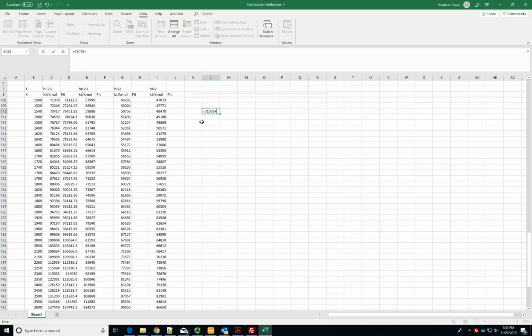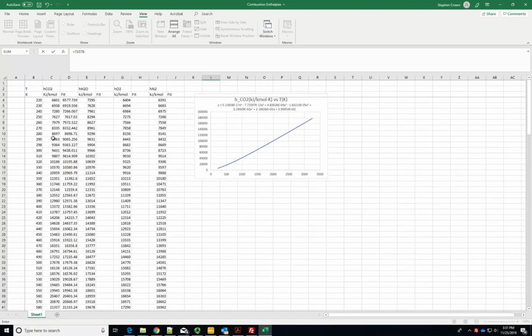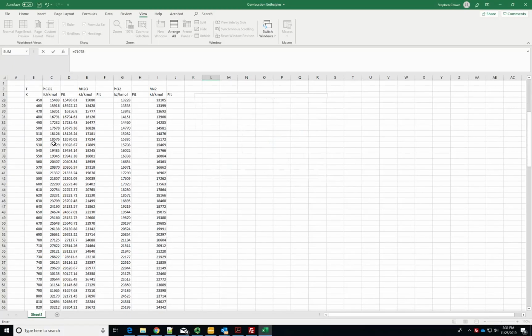That is at 1500 degrees, then minus at 298, which is 9364. And then I also need to add in the enthalpy of formation. And for CO2, it's negative 393,520.